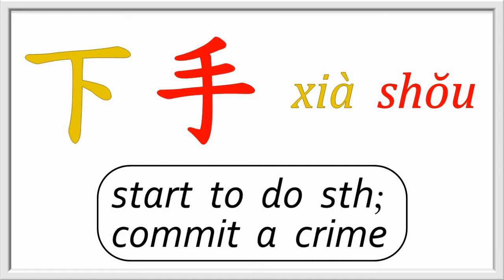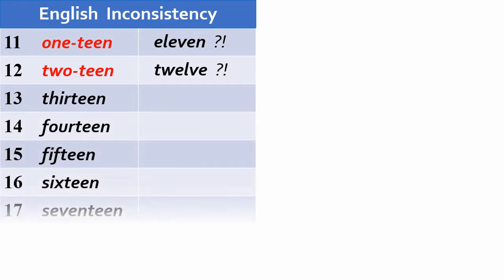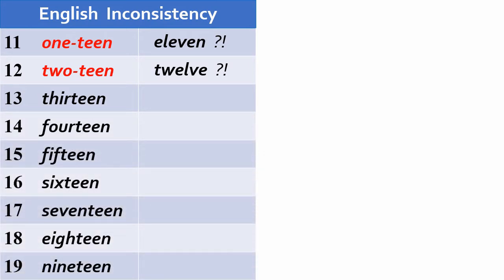Now that we know the numbers 1, 2, 10, 100, and 1,000, we must introduce one more character for 2. All languages, English included, have their little quirks or oddities regarding numbers. For example, in English we say 13, 14, 15, but not 1-teen and 2-teen for 11 and 12.